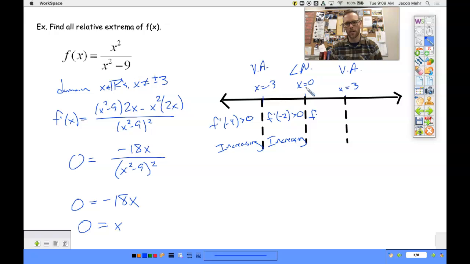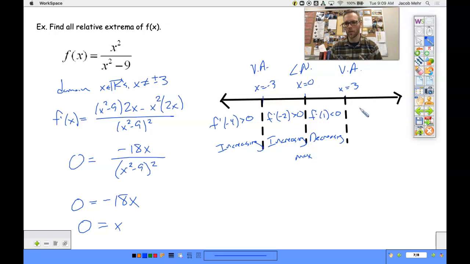Now let's test the value to the right here, like 1. Well, now my numerator is negative, but my denominator is positive. A negative divided by a positive is negative, so the function's decreasing. So it changes from increasing to decreasing. I think we know what's going on at x equals 0. It goes from increasing to decreasing. This must be a max.